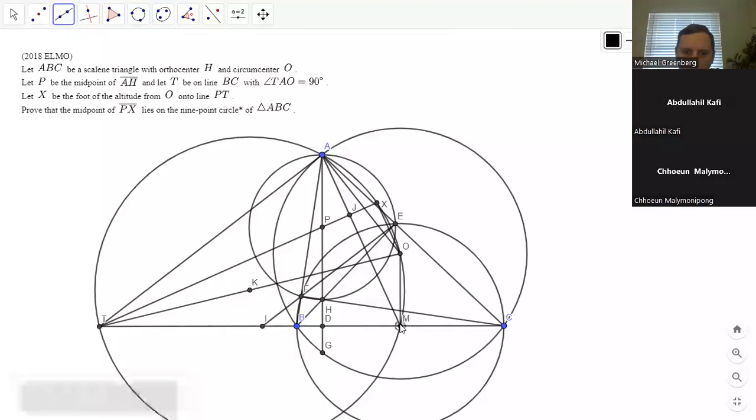But if we know MP is perpendicular to EF, and EF is parallel to AT, so MP is perpendicular to AT, and so P is like the orthocenter of ATM. And so we know that those are perpendicular. And to show that J is the midpoint, we would need to show angle PMJ is XMJ.